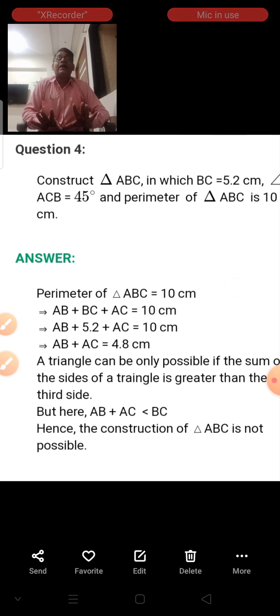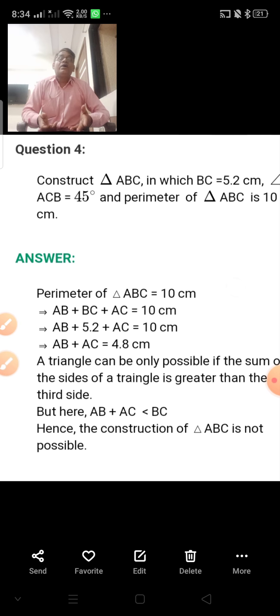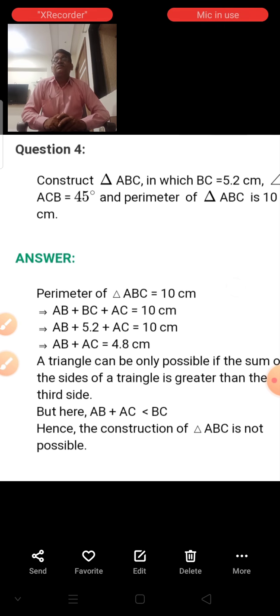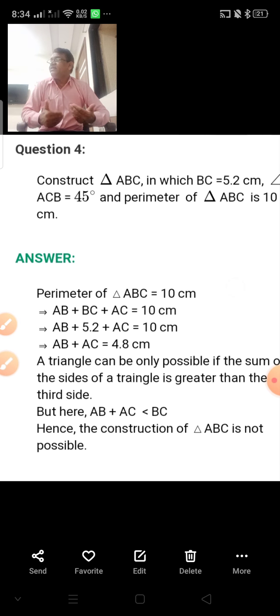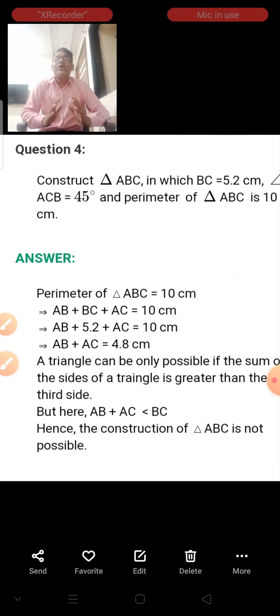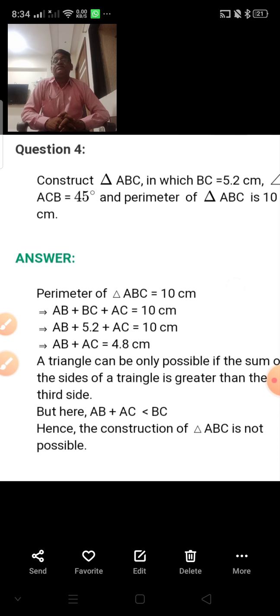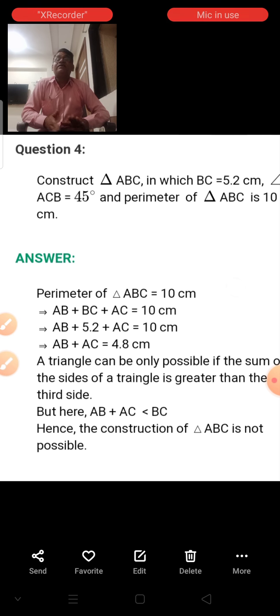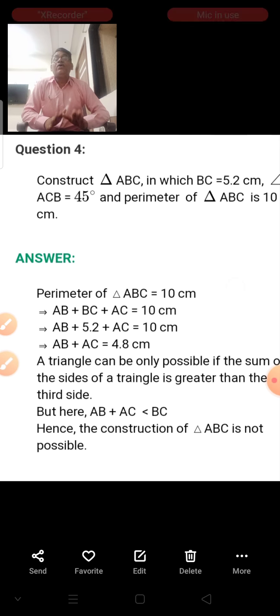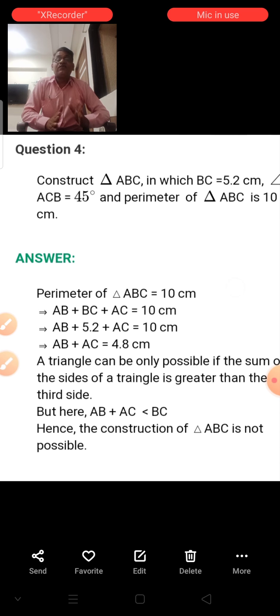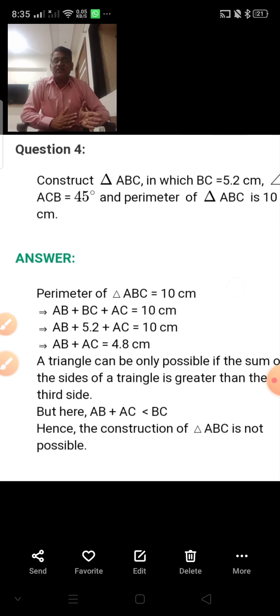Okay, and we will give you the assignment also, and today's assignment is there. You have to make today's assignment separately on foolscape paper, and this is for your internal assessment.